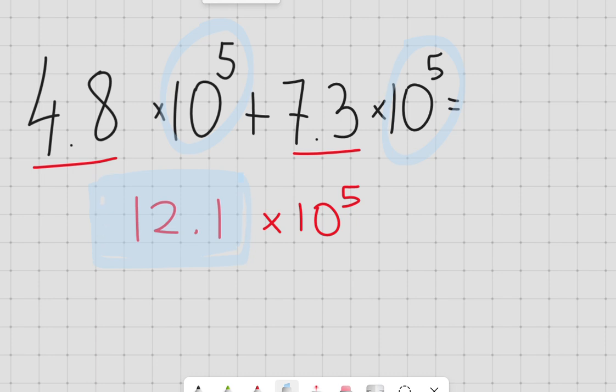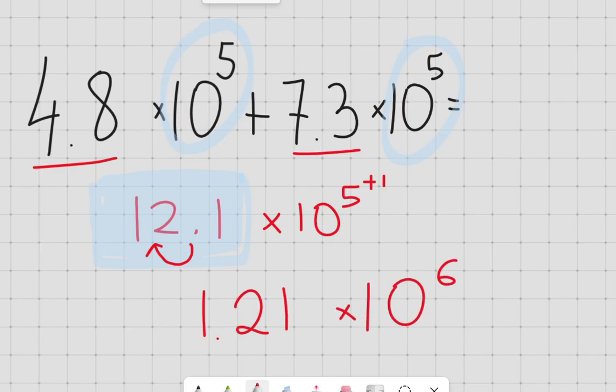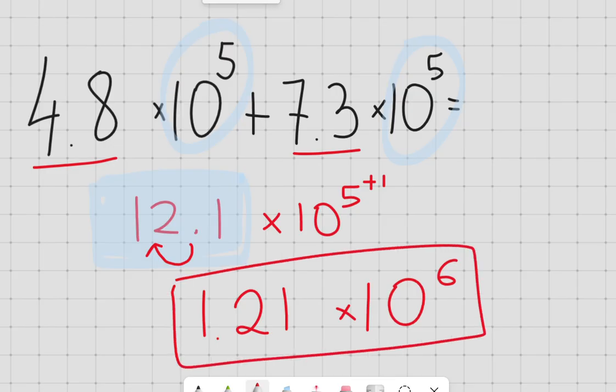It is not between 1 and 10. So again, in our previous lesson, we learned that this point has to be moved to the right. So we add 1 to our exponent, which basically becomes 1.21 and then 10 to the power of 6. Now we have it. It is correct.